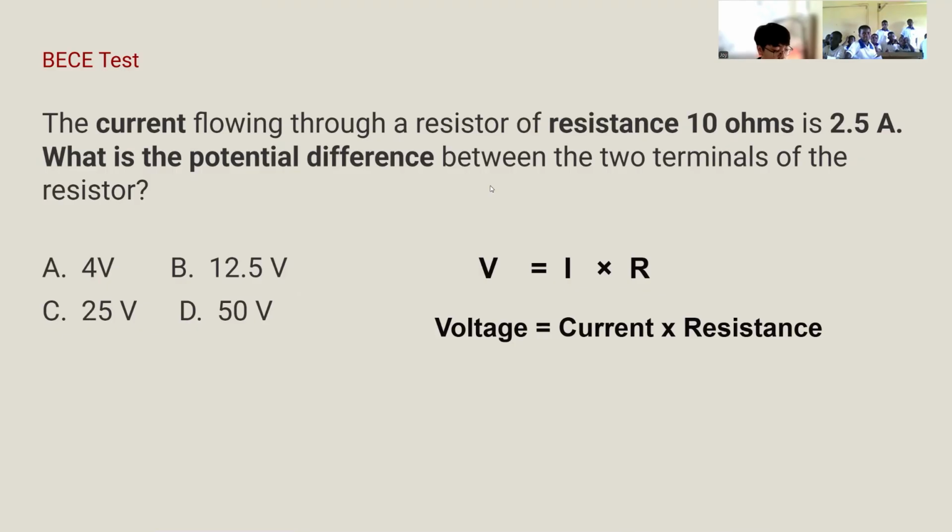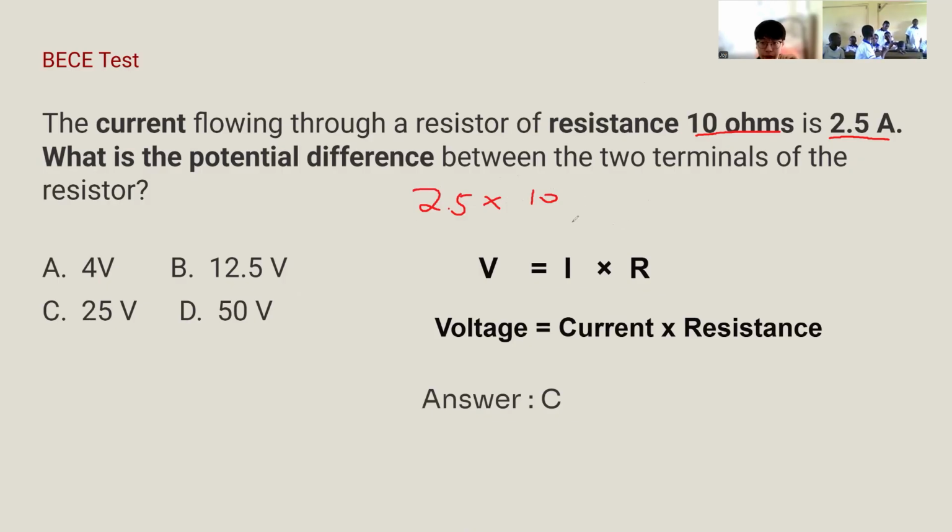I think I heard A, but the answer is actually C, because you see here, the resistance is 10 ohms. And what is the current? The current is 2.5 amperes. So remember, we're multiplying 2.5, which is the current, times 10, which is the resistance.